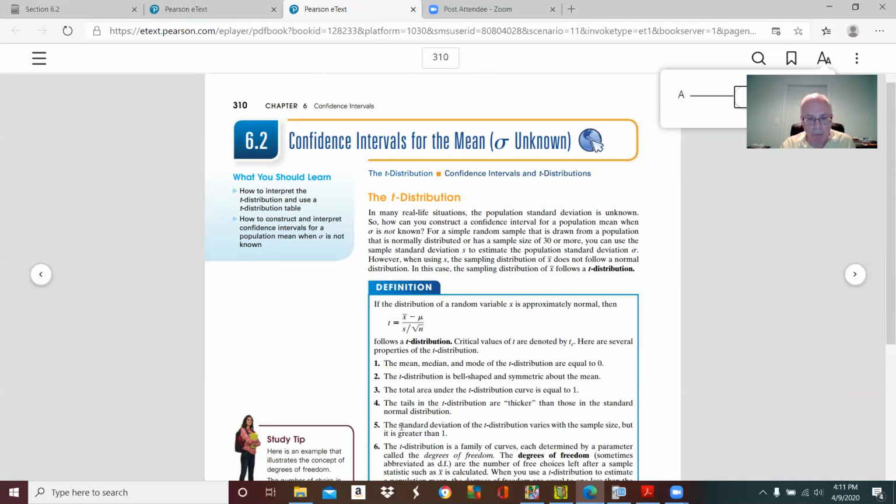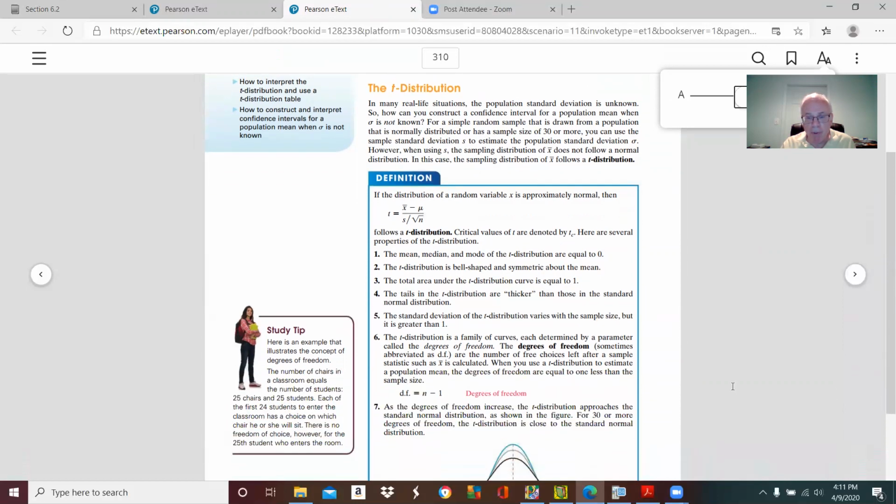And instead of using the mean and standard deviation as the parameters of this probability distribution T, we use what's called degrees of freedom. In this particular case, degrees of freedom is the sample size minus 1. So whatever the sample size is in the problem, the degrees of freedom is 1 less than that number.